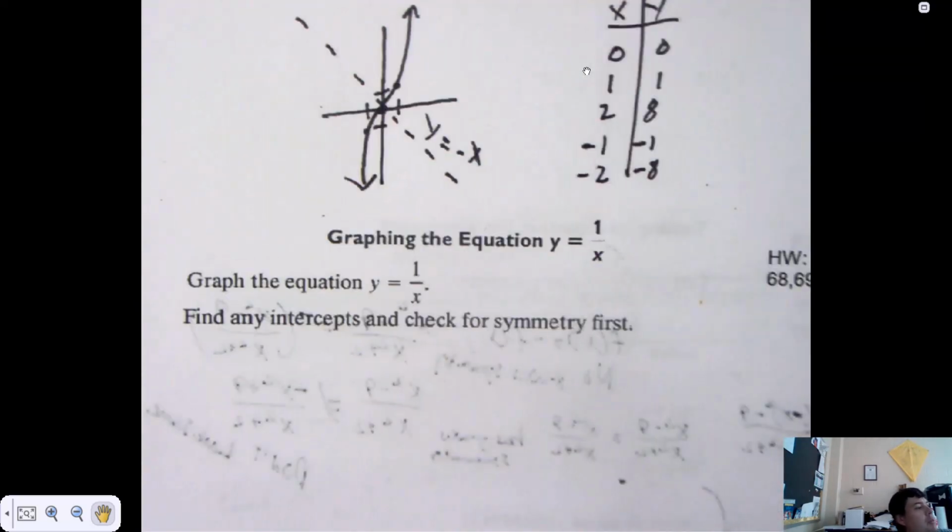Well, these are always fun. Graph y equals 1 over x. Check for symmetry first. So I'm going to make a little table here instead of doing everything at once. Here's f of x. What would f of negative x look like?